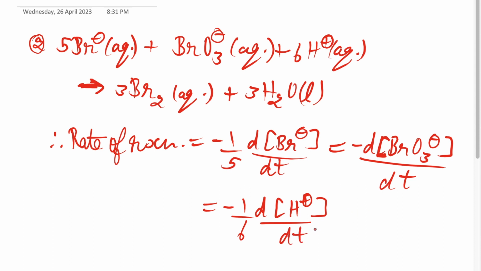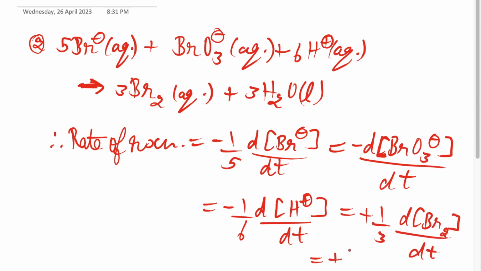The rate of reaction can also be given in terms of products: plus 1 by 3 d[Br2] by dt, or plus 1 by 3 d[H2O] by dt.